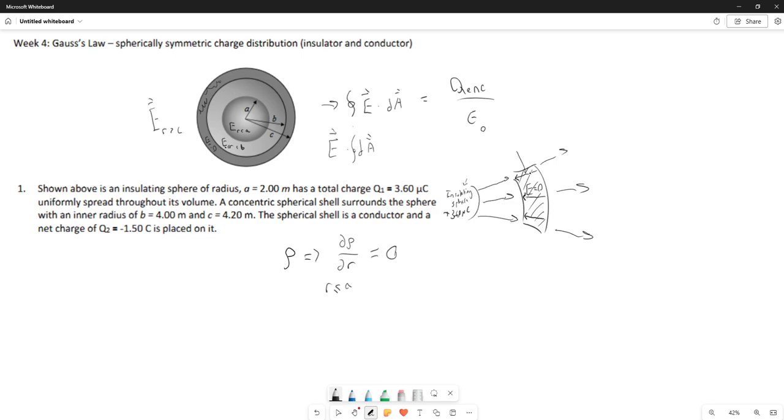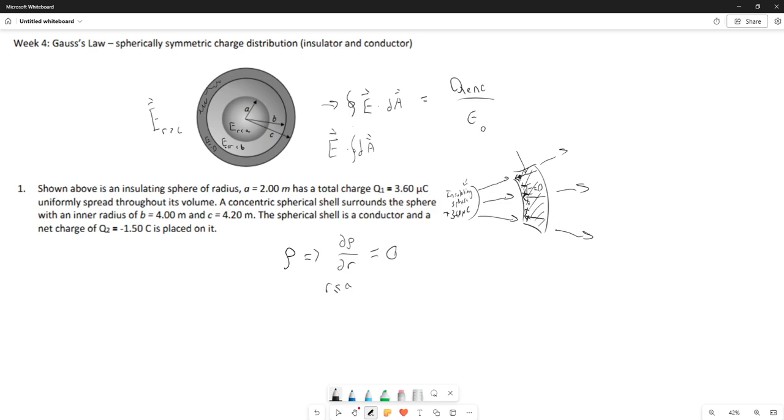Any relatively negative charges will want to move towards this positive charge, and they will start to build up on this inner side of the shell. And since Coulomb's force law is a radial force, and this is a radially symmetric object, they will distribute themselves all along this inner shell.